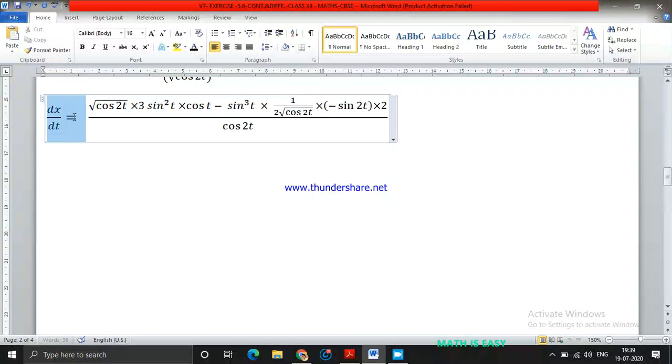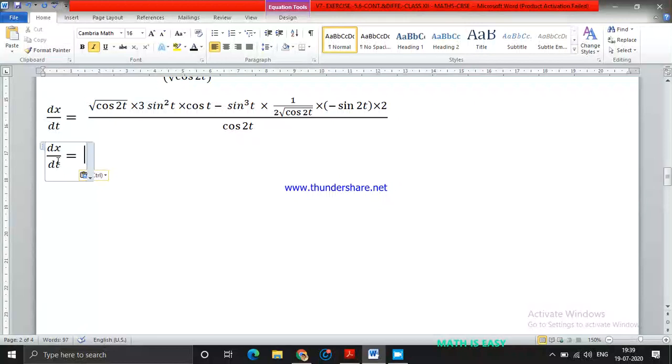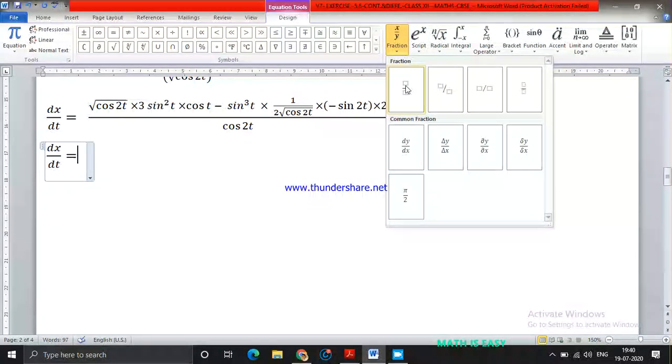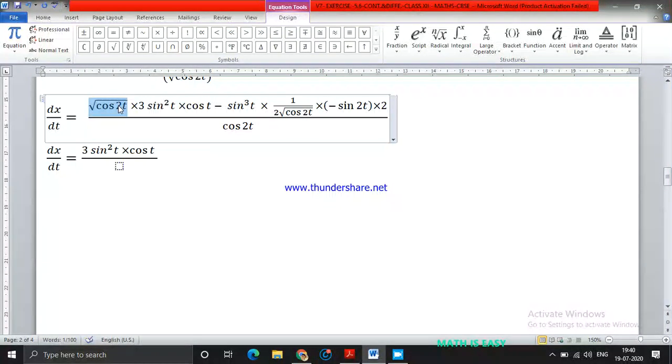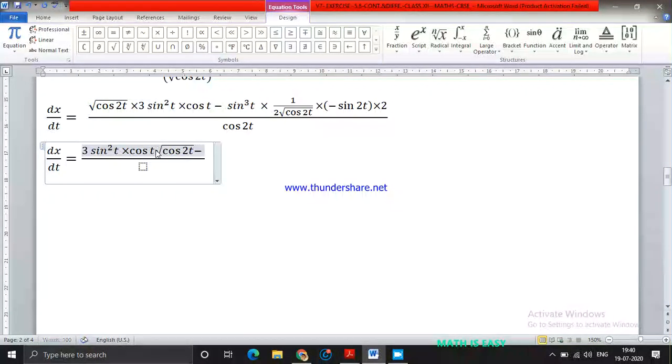So the next step, dx by dt is equals to. Now what are the things left out? Here this 3 cos t sine square t term, I have to insert the fraction also, by the way. This will remain the same, and this root also will remain the same. No change here. Okay, minus: here minus will be there or plus will come?